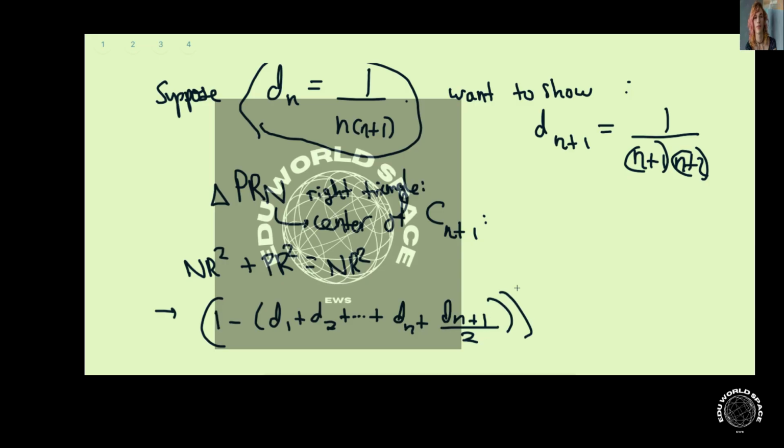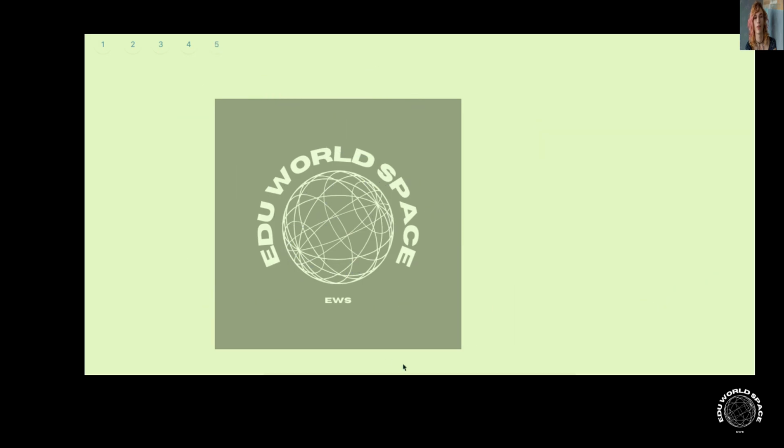So that's NR, then we square that. PR has been 1 all along. And then the right-hand side, following the usual pattern, which again comes from the geometry that was given in the figure. Now I'm out of room here, so I will need to go back to the next page.